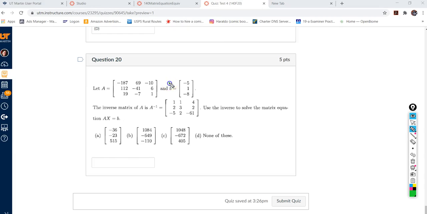And I'm going to call that capital B. And so we have A times X equals B. And what is the matrix capital X? Well, as we saw from our lessons, it's always going to be that. But we want to solve for X. So we want to find X.